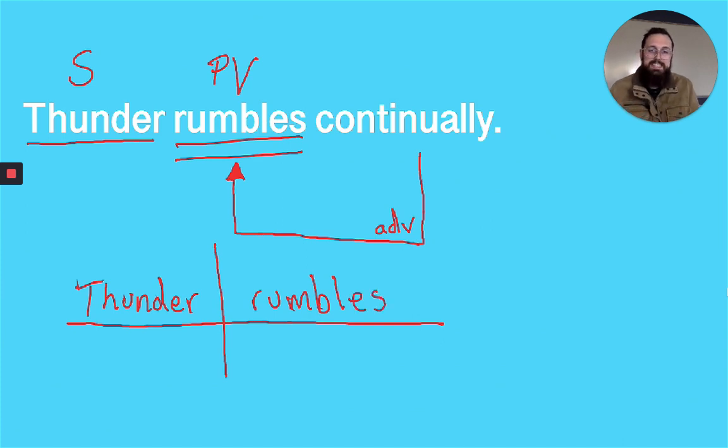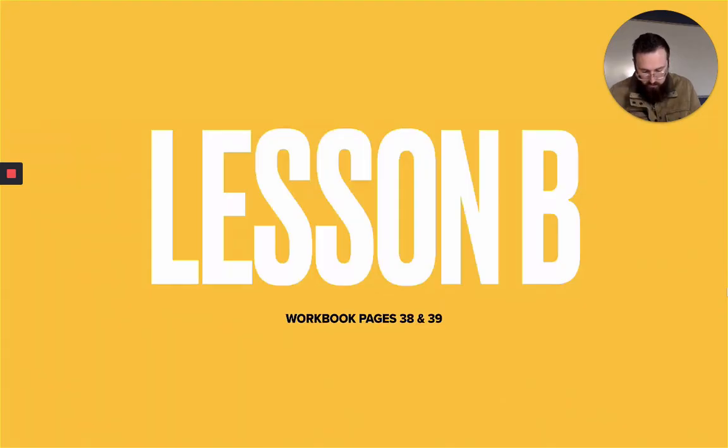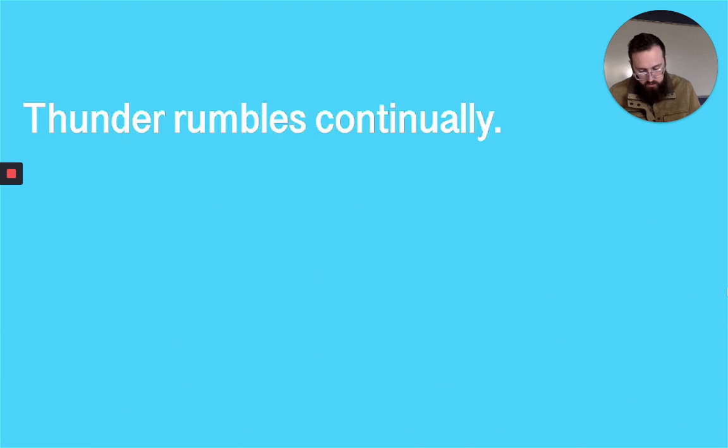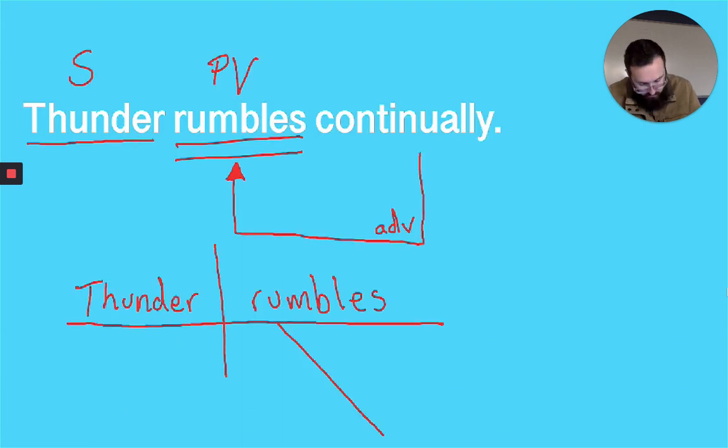And then I draw my diagonal line from rumbles and write out the word, continually. All right. And see, we're simply adding that diagonal line to our diagramming steps.